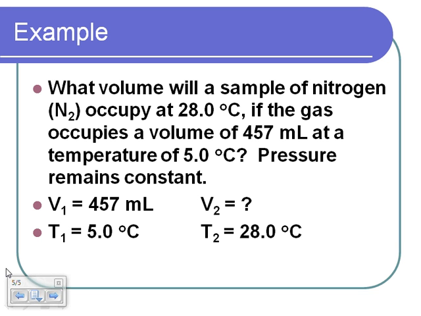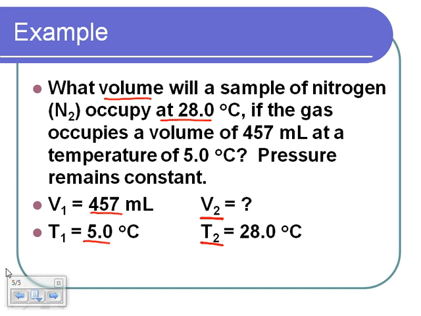So this one asks what volume the sample will occupy at 28 degrees C. So we're just going to arbitrarily set V2 equal to question mark. That volume is going to be at 28 degrees, so that's going to be our T2. That leaves us volume 1 at 457 milliliters and temperature 1 at 5 degrees Celsius.